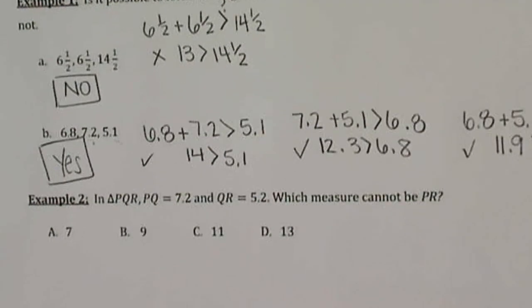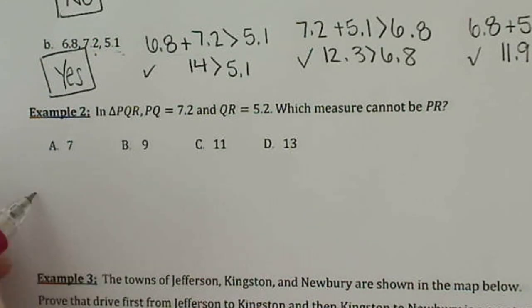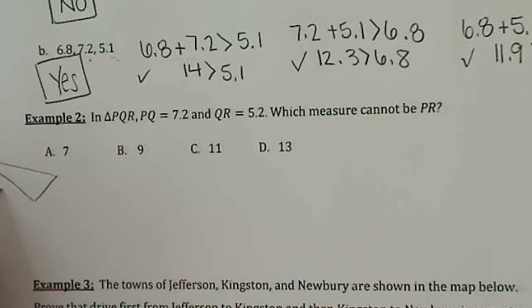Example 2. Which measure cannot be PR? Well, let's try and figure out if we sketch out a triangle and we say that PQ is 7.2 and QR is 5.2.